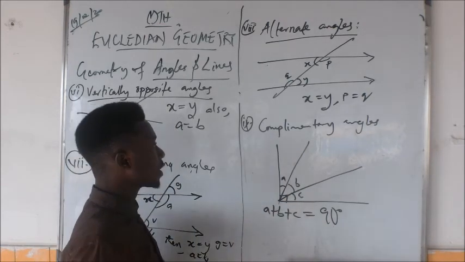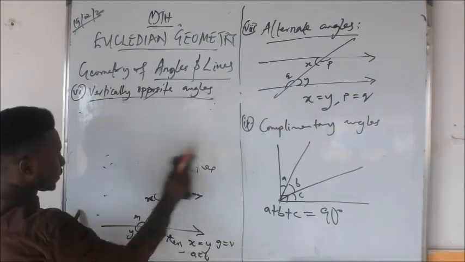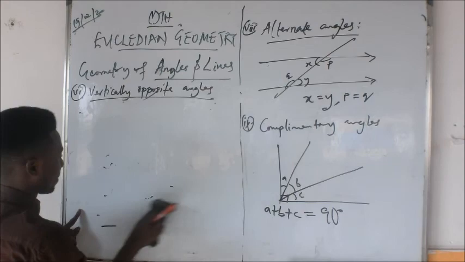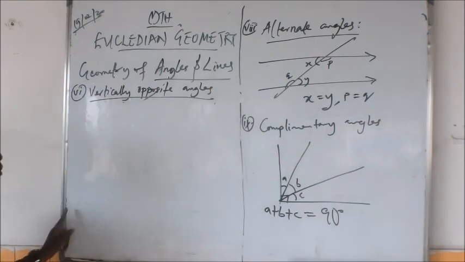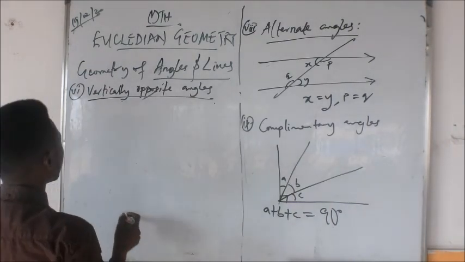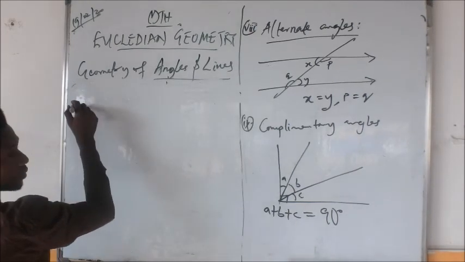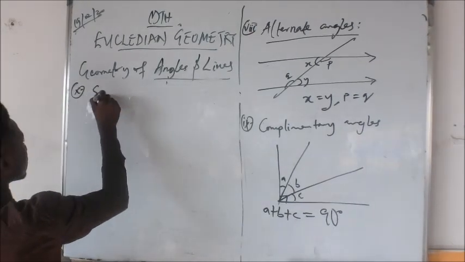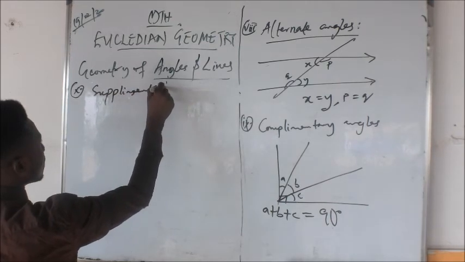Good. Then another thing is supplementary angles. I'm supposed to have explained that under sum of angles on a straight line. But then, please stand to correct me for my spellings.